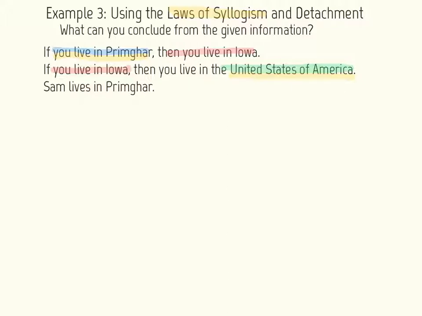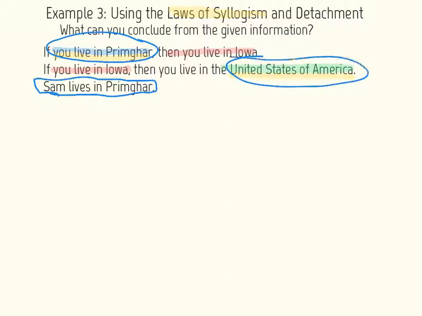We know that Sam lives in Primgar. Well, if Sam lives in Primgar, then because we could skip and do those two, Sam must live in the United States of America. So my conclusion to this set of statements is Sam lives in the United States of America. You could also say Sam lives in Iowa. Either one of those would have been true statements based on the law of detachment.